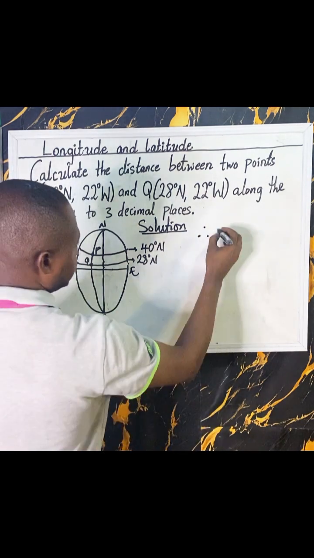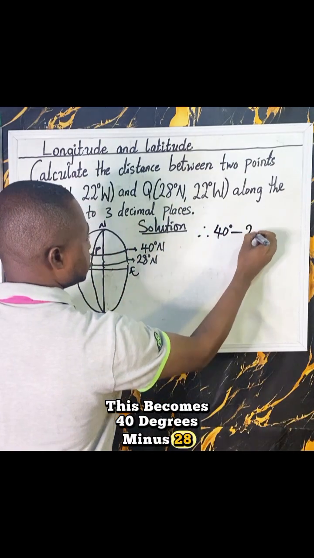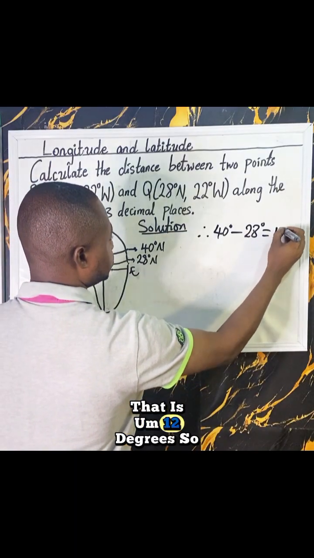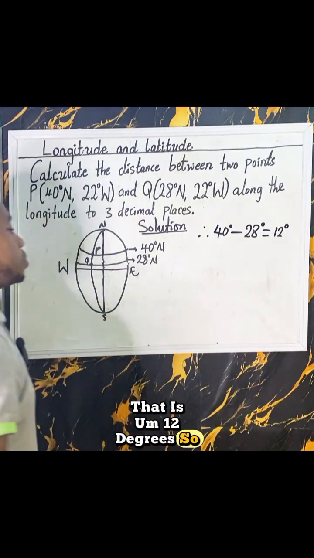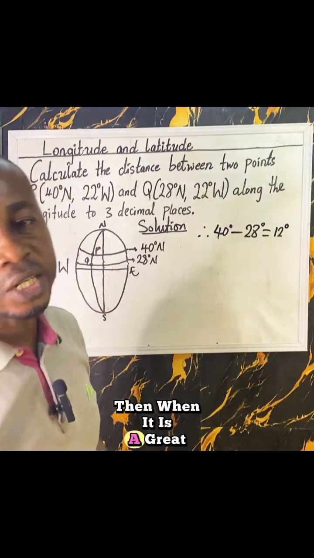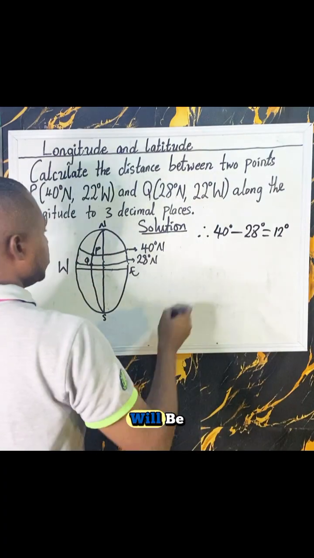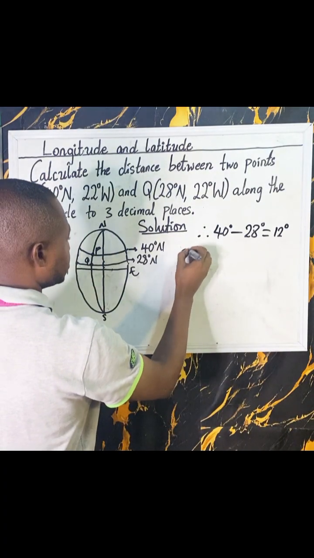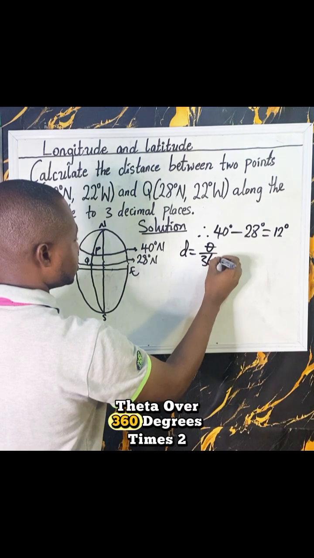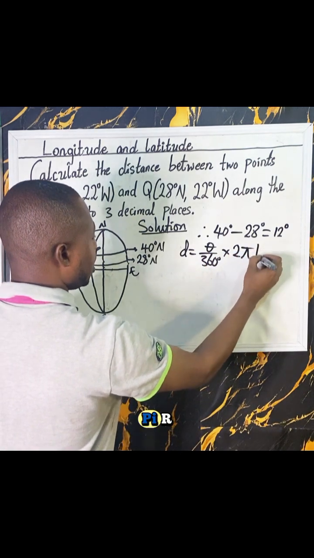This becomes 40 degrees minus 28 degrees. That is 12 degrees. So this is a case of a great circle. When it is a great circle, we recall that the distance will be theta over 360 degrees times 2 pi R.